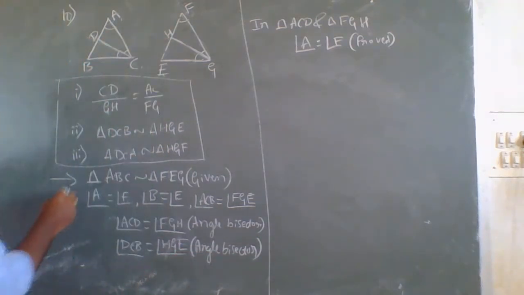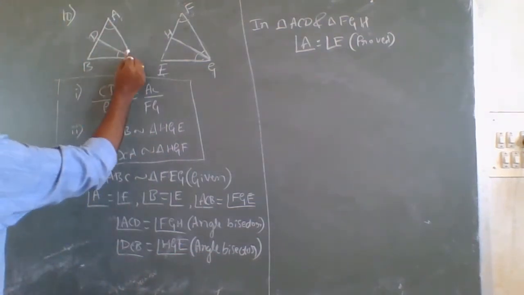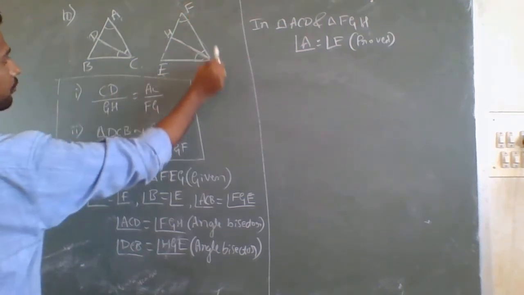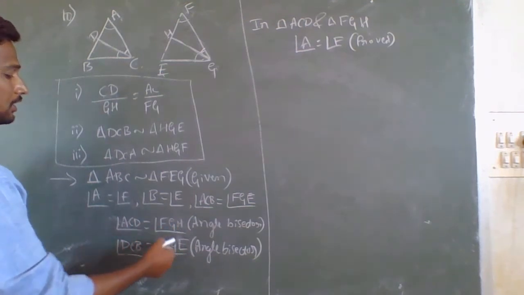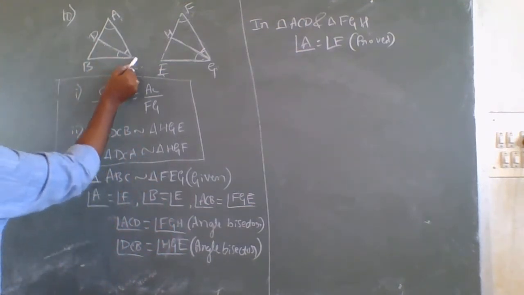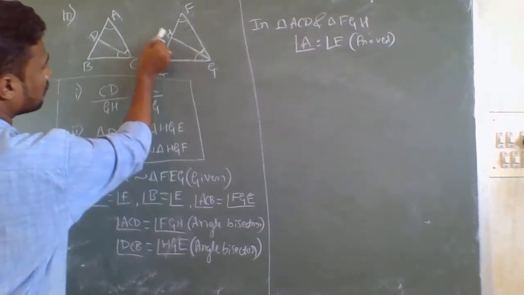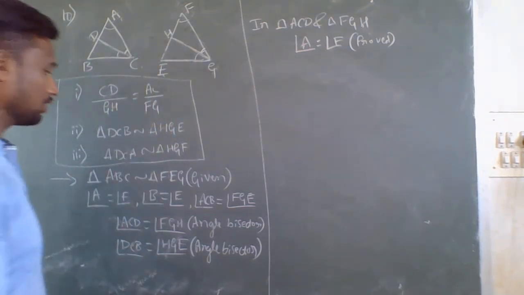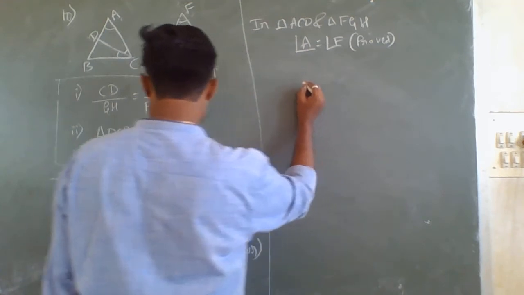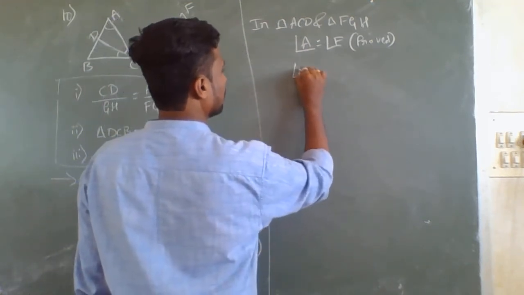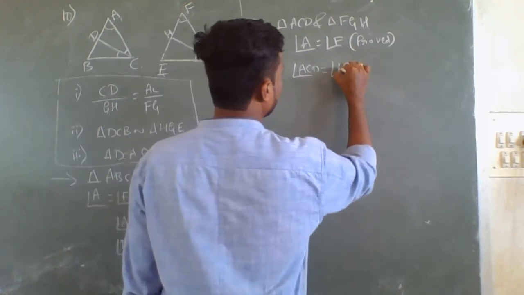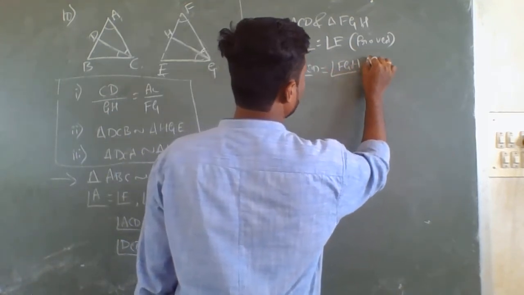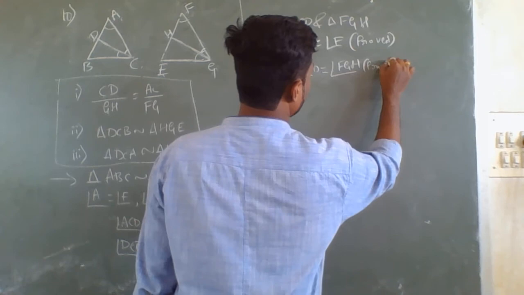Again I can write here angle ACD, this angle, is equal to angle FGH. Here I have written angle ACD is equal to angle FGH because CD and GH are the angle bisectors. This is also proved.